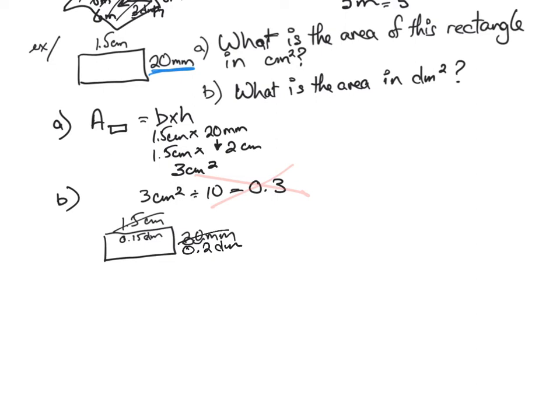Having done this conversion, then I would say area of my rectangle is base times height, which is 0.15 decimeters times 0.2 decimeters, and that gives me 0.03 decimeters squared. So I haven't actually divided it by 10. I've divided it by 10 squared, which is 100.